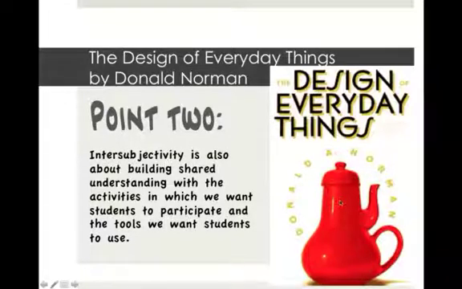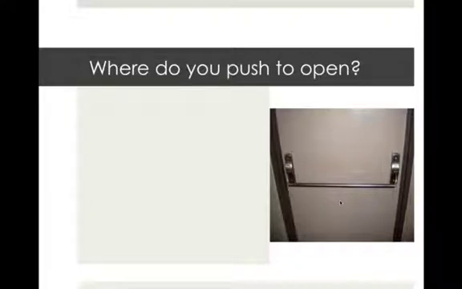Here are some real-world examples. So here's a door. Where should we push on the handle? Should I push in the center, to the left, or should I push on the right? My not knowing reflects the lack of intersubjectivity. Why?